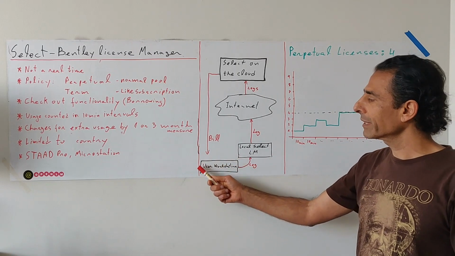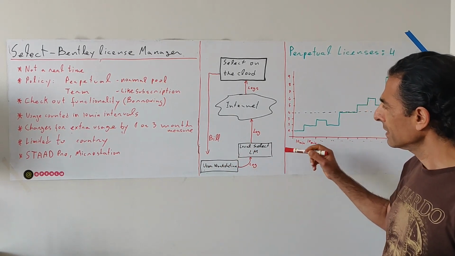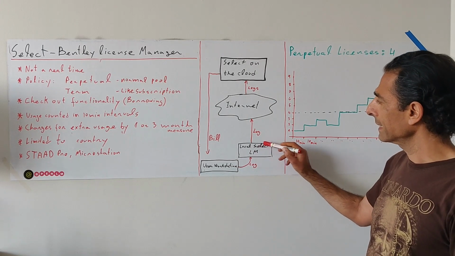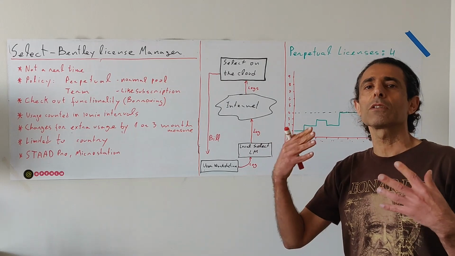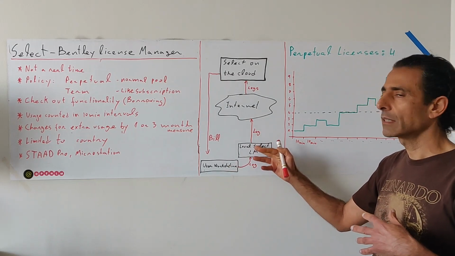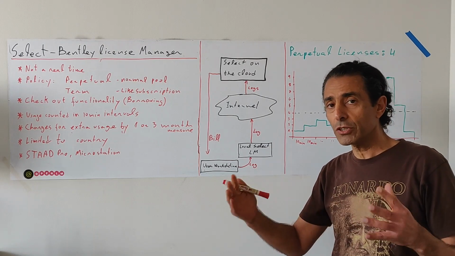And it will log the activity on the workstation. Eventually, if it's not able to send logs to the license manager, it will stop working. But by definition, it works.